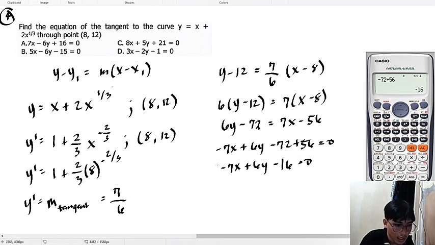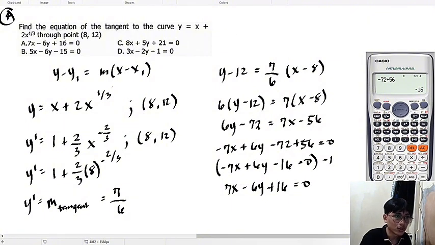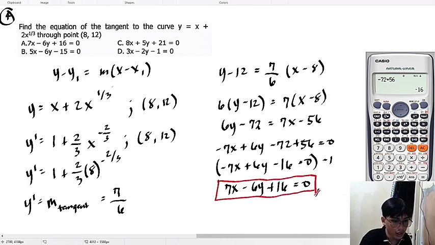To make the x side positive, we multiply by negative 1 on both sides. So it becomes 7x, negative 1 times 6y is negative 6y, and negative 1 times negative 16 is positive 16, equals 0. So that will be the equation of the tangent to the curve. So among the letters, 7x minus 6y plus 16, letter A.